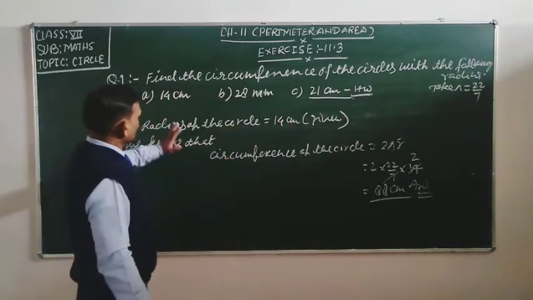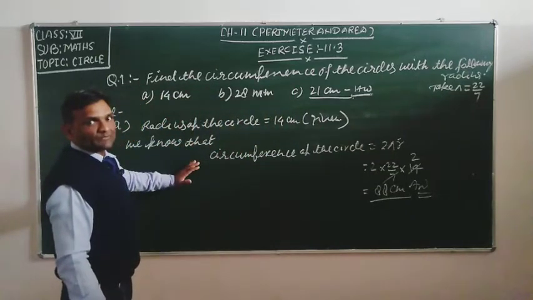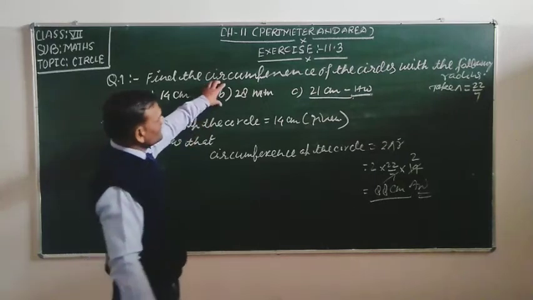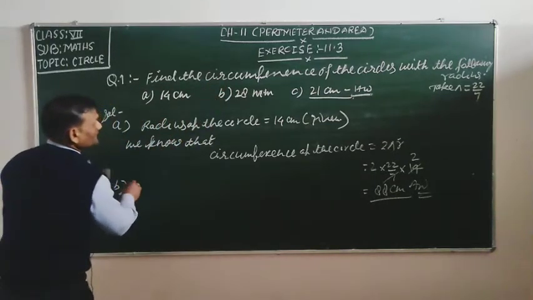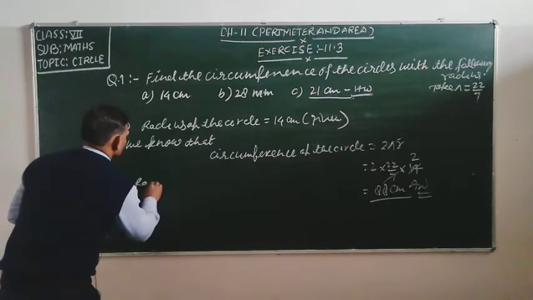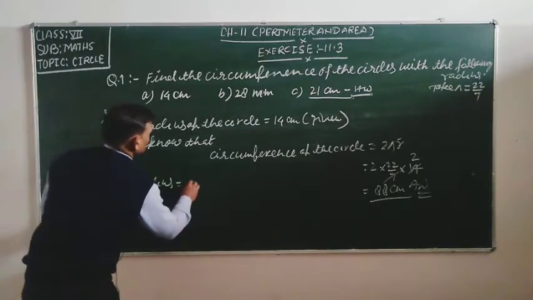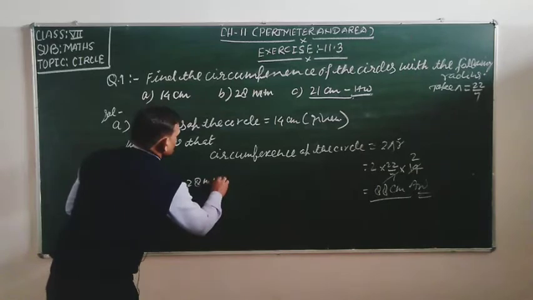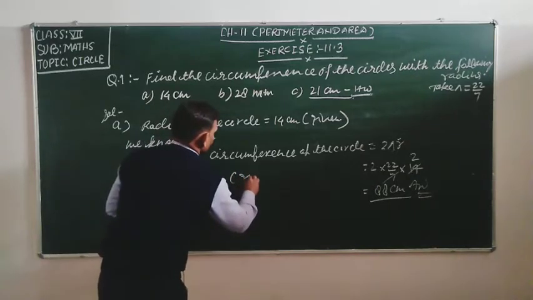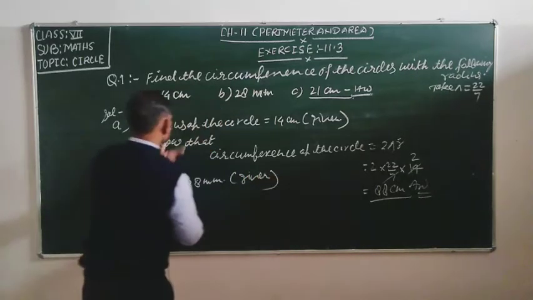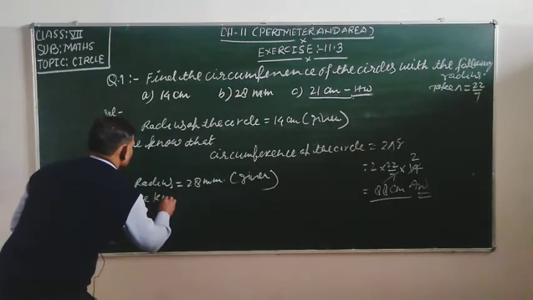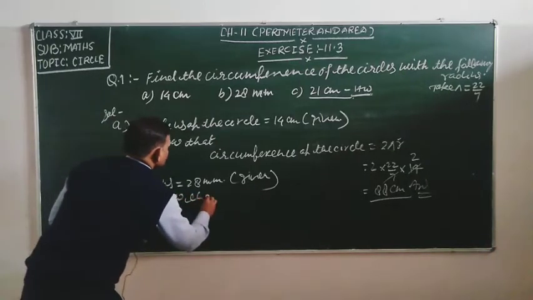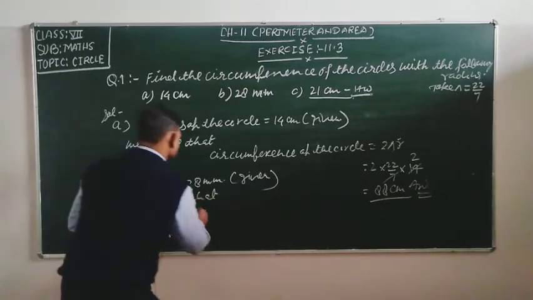In the same way, you will solve part B also. So here in B, radius is equal to 28 millimeter. It is given. And we know that, the same statement you will write, student.